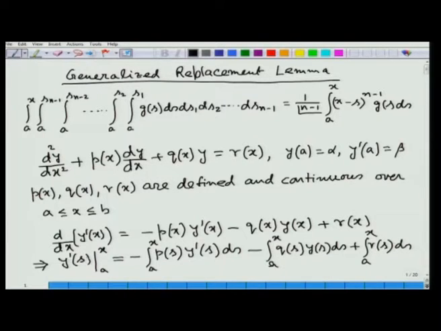Now, on the left hand side it will be y dot (x) minus y dot (a), and y dot (a) is already given, this is beta.